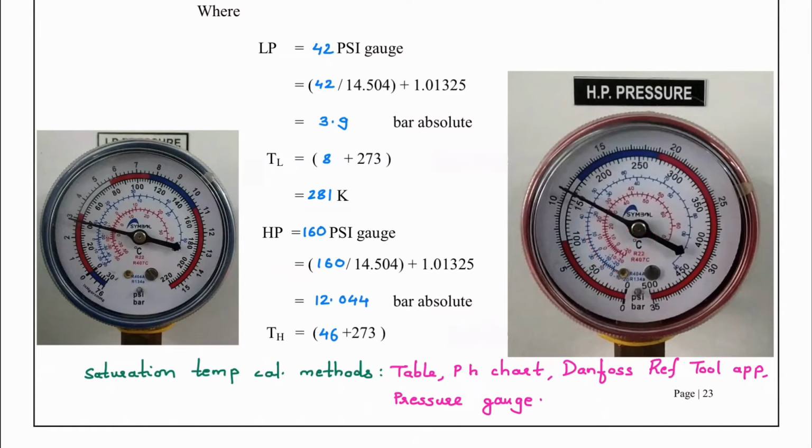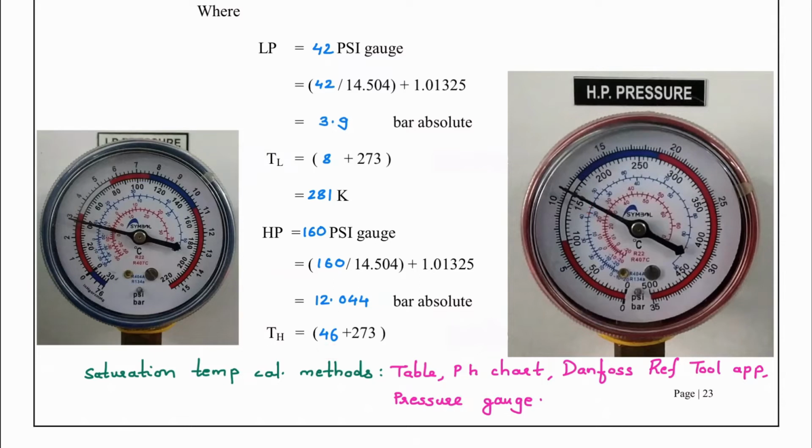What is the temperature? Here you can see it is cutting at, so this will be 1, 2 and 3. So total is 5. So 42, this is 40 and this is 50. Total 5 divisions are there, so one division will be 2 degrees Celsius. So 42, 43, 44, 45, 46. So we have written T high as 46.